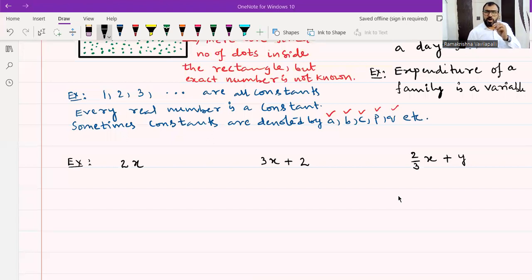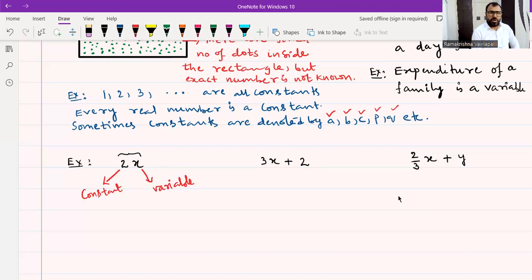Now, what is an algebraic expression? You see here, I have taken 2 into x. So here 2 is a constant, right? It is a constant, and this is a variable. Particularly this constant, it is a real number, right?